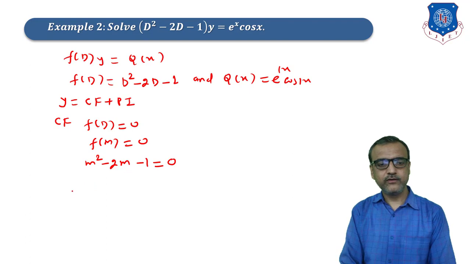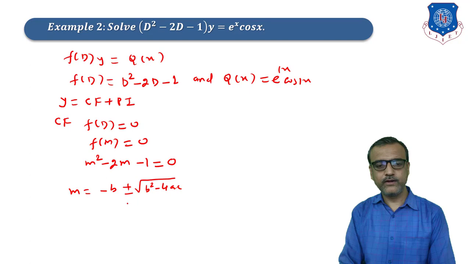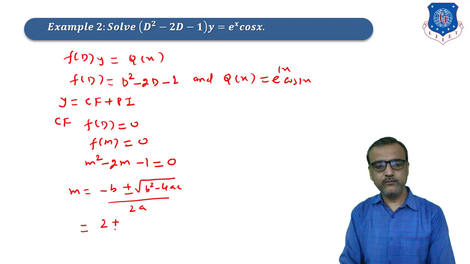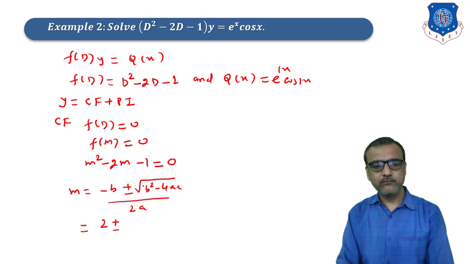So we have m equals minus b plus minus square root of b square minus 4ac upon 2a. You can see that the value of b is minus 2, so we have minus minus, that is plus 2, then plus minus square root of b square, minus 2 square is 4, then minus 4, where the value of a is 1 and the value of c is minus 1.